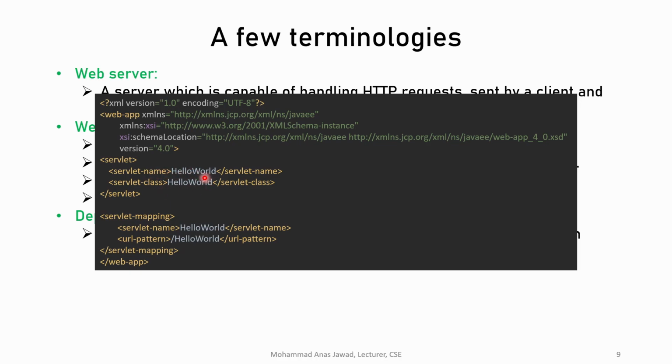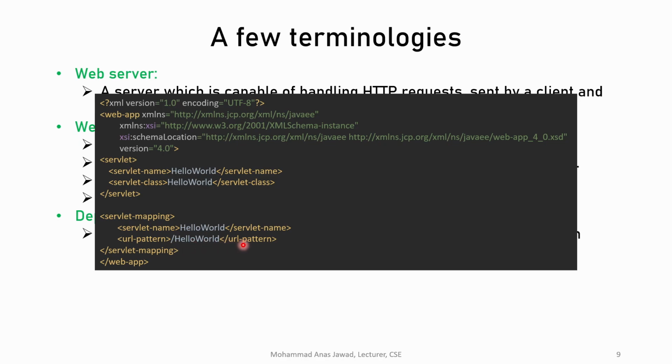So the name of our servlet is HelloWorld in this case, and the class that we are referring to by using the servlet name is the HelloWorld class. Okay. Next, we have to map this servlet to a specific category or a specific type of URL, right? So the servlet that we are trying to map is HelloWorld, and the URL pattern that we are trying to map to is /HelloWorld, right?